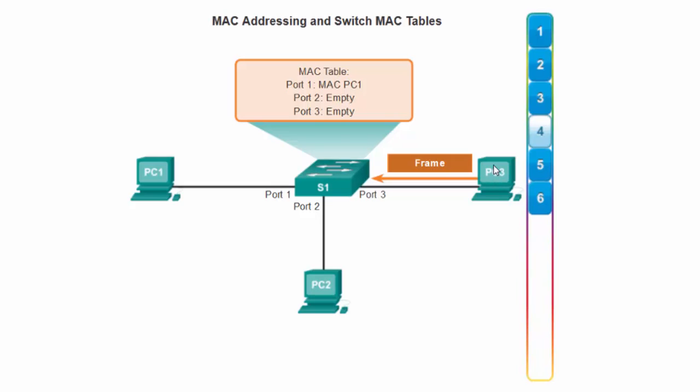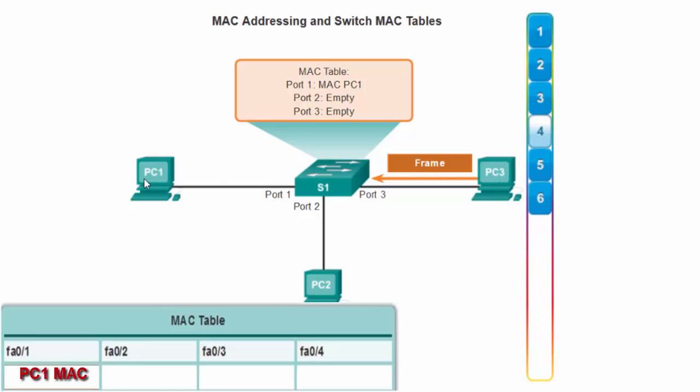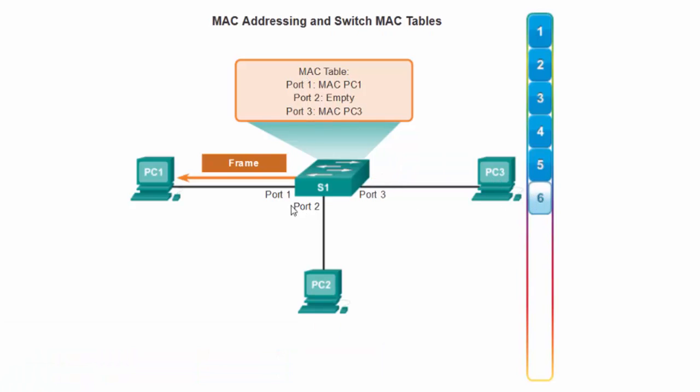Now the source address will be PC3 and the destination address will be PC1. So now the switch will learn that PC3 is connected on port 3, and it updates that in the MAC table, and it keeps doing that until it learns all the MAC addresses for all the PCs that are connected on the different ports.